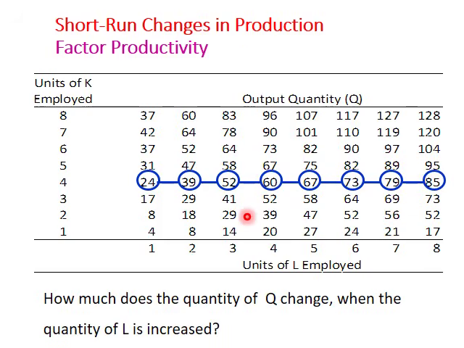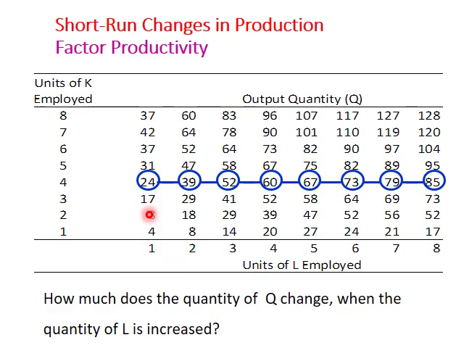Let us see factor productivity in short run. For example, these are the units of K employed, that means the capital, and these are L employed, that is labor. In this case, 4 units of K is used as constant, as fixed input, and we vary the labor: 1, 2, 3.